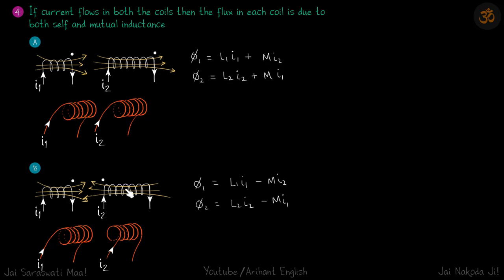Similarly, the flux in the second coil is due to its own current, which we take as positive, L2 I2, minus whatever is coming from the first coil, whose value is M I1. So phi 2 is L2 I2 minus M I1. In 3D, it will look like this.